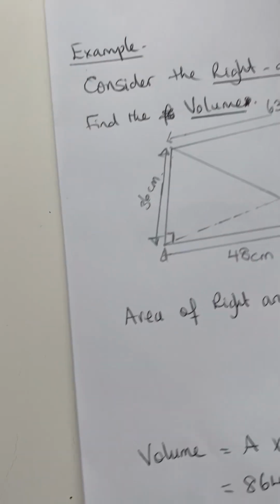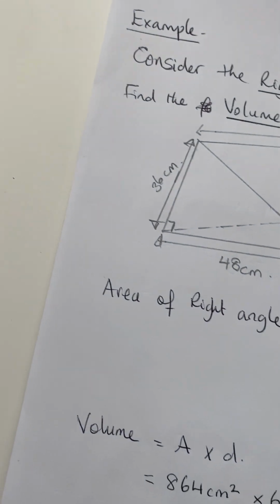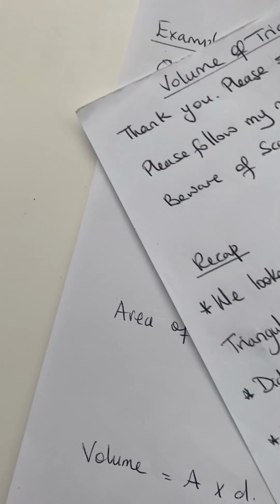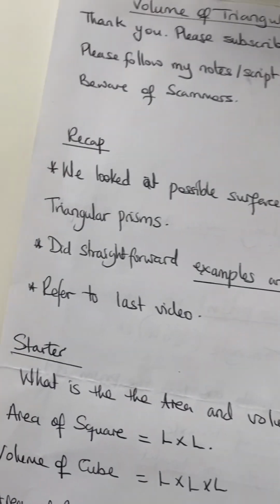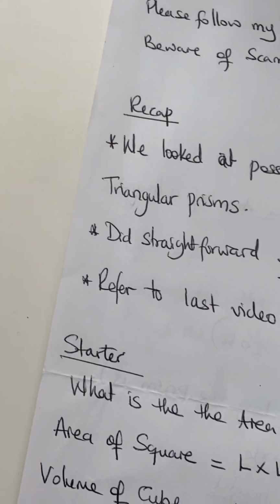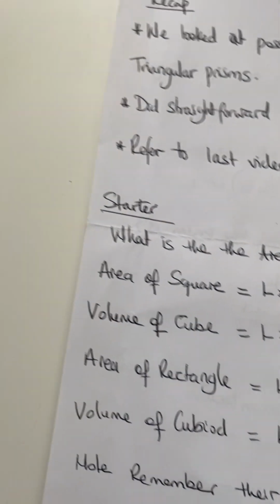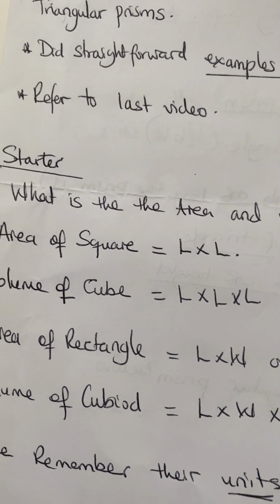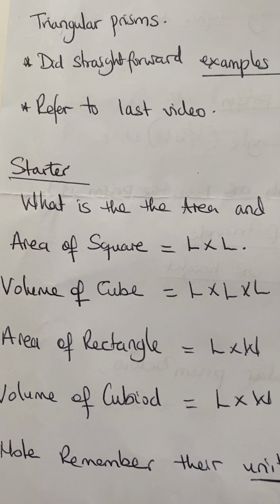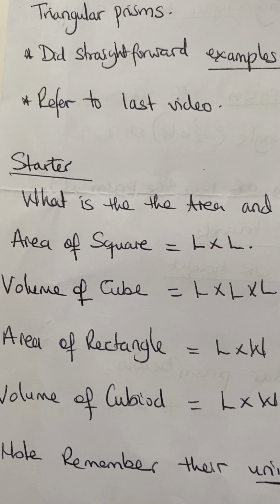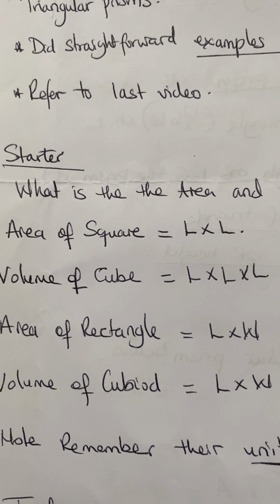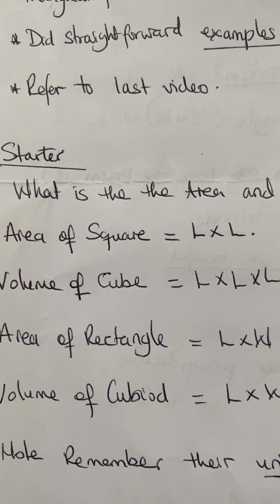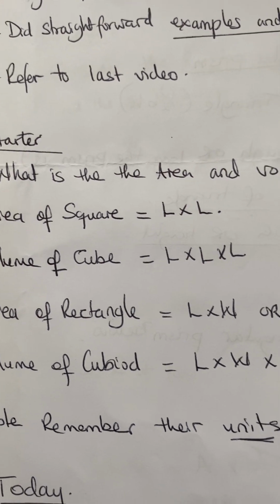So today I brought you a recap and I asked you to look at the last video because we've been doing surface area. Then the starter we have just looked at: area of a square, volume of a cube, rectangles, volume of the cuboid.